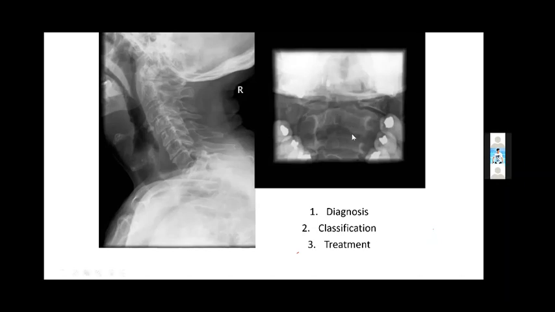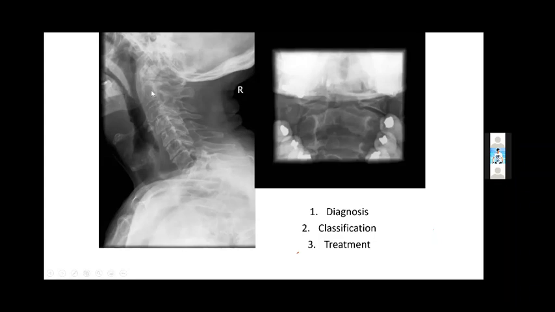Open mouth view. Yeah. So we are looking at this open mouth view. This is C2 and this is C1. We are seeing the dens and atlas. If you see the lateral view, you can see that there is a gap here in the C2 dens. That gap is the fracture of your C2 vertebra, the dens fracture.